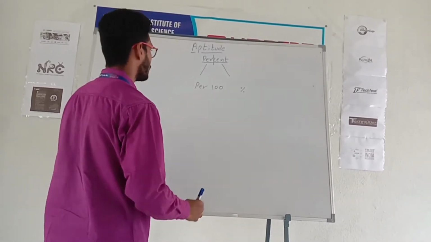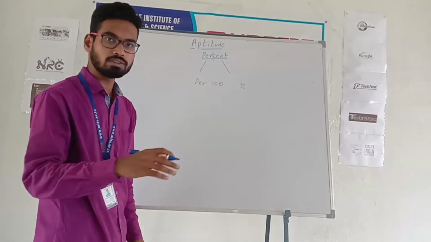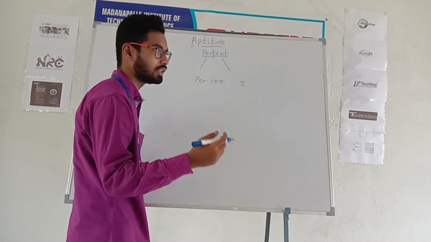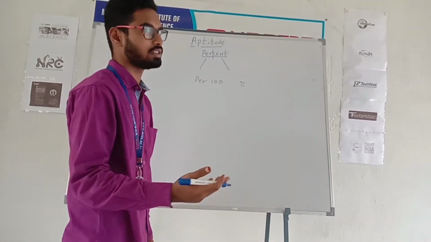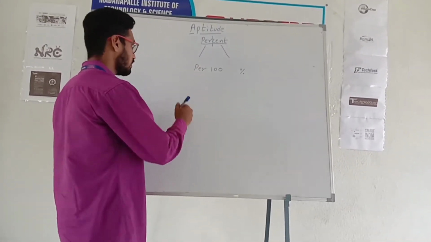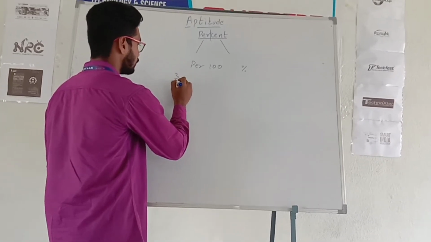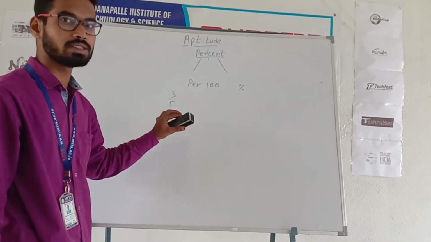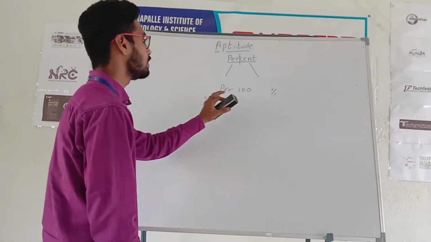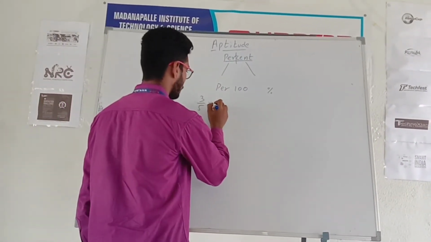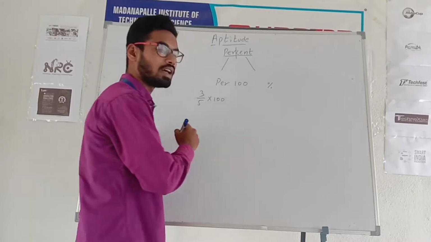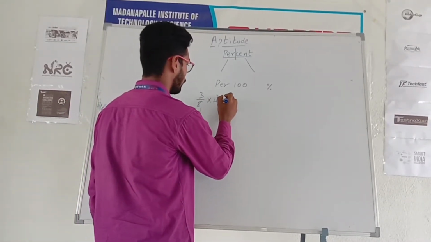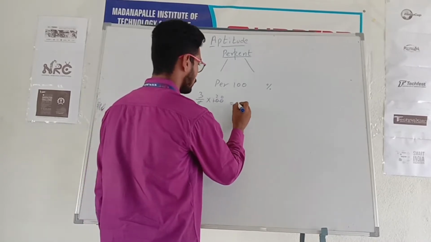Let us take an example of converting a fraction into a percentage. It will be a very basic example. I am going to take the value 3 by 5 and convert it into a percentage, so I have to multiply with 100. 5 1s are 5, 20, 2 3s are 60.